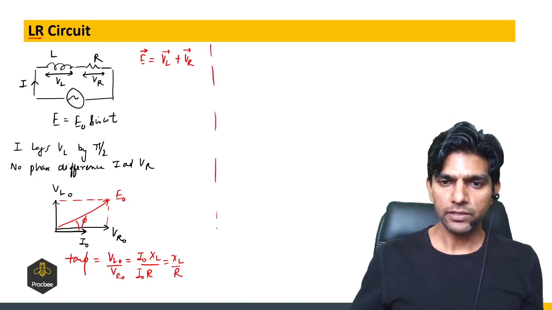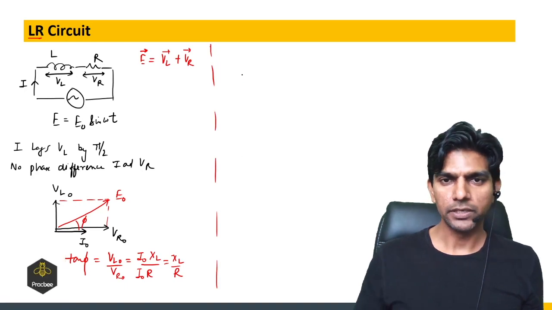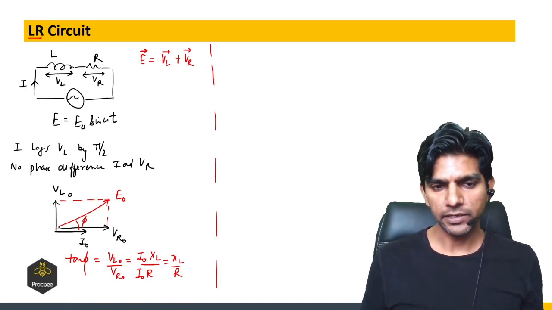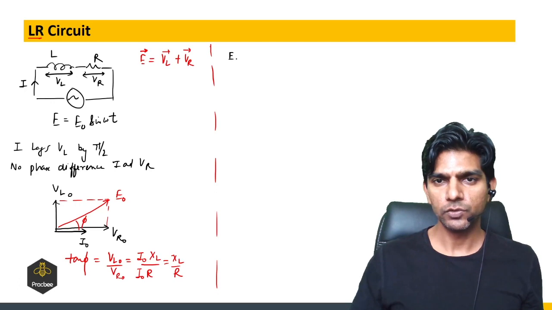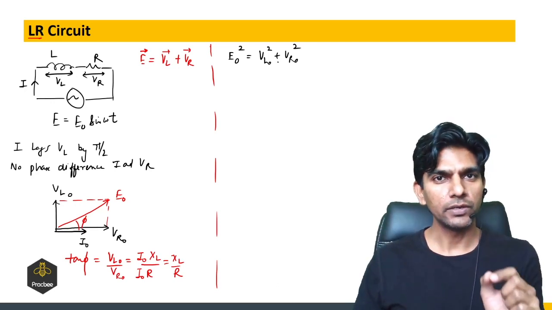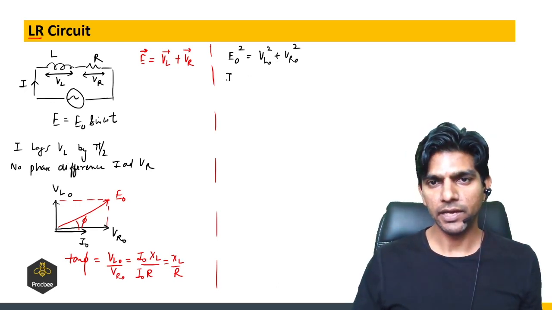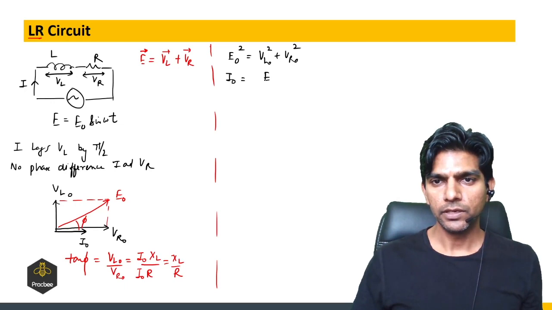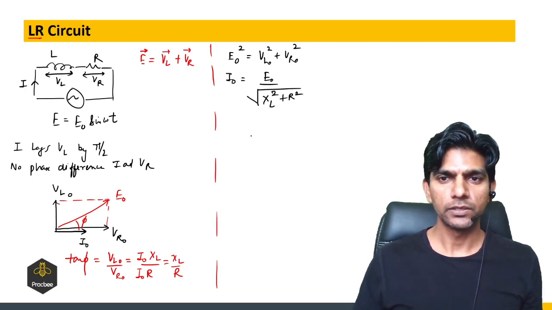Now if I want to find the peak value of the current, we can use this right angle triangle. So E naught square will be equal to VL naught square plus VR naught square. If we substitute VL naught and VR naught in terms of peak current, we will get I naught as E naught divided by root of XL square plus R square.